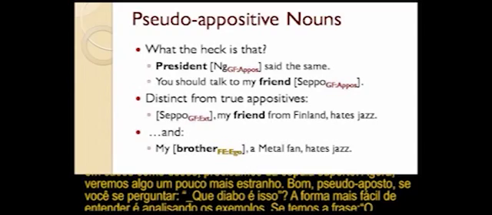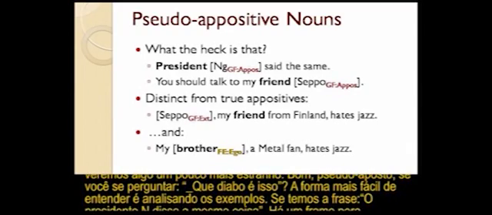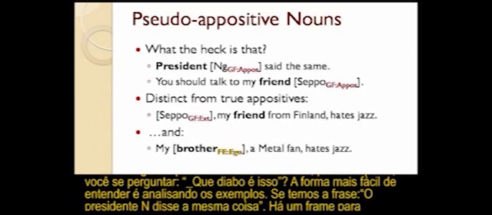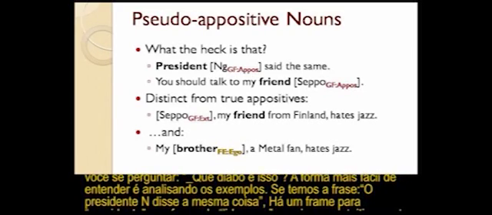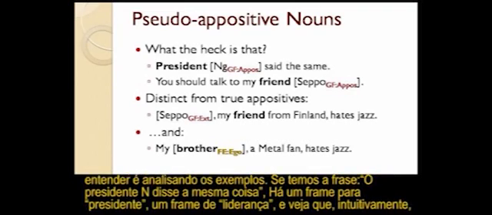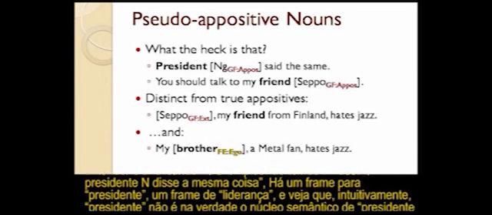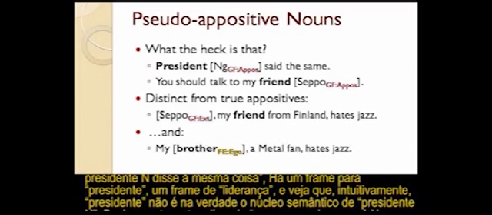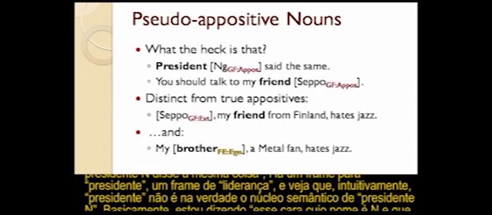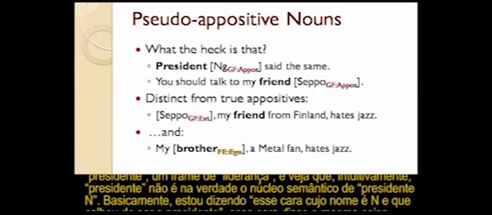Now we have some even ickier stuff. So pseudo-appositives, and well, you can ask, what the heck is that? So the easiest way to say it is to look at the examples. So if you have a sentence like President Ng said the same, then there's a frame for president. It's a leadership frame.